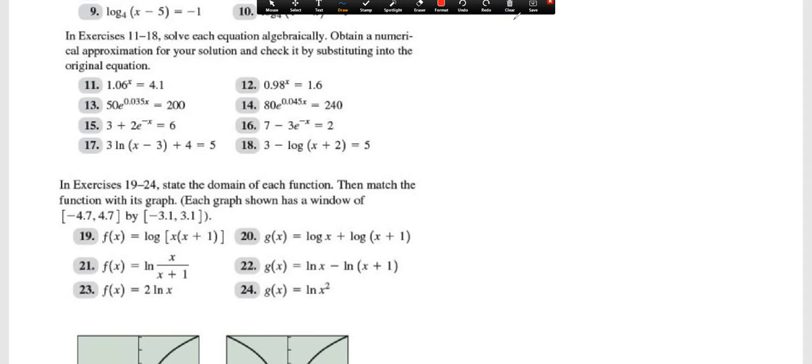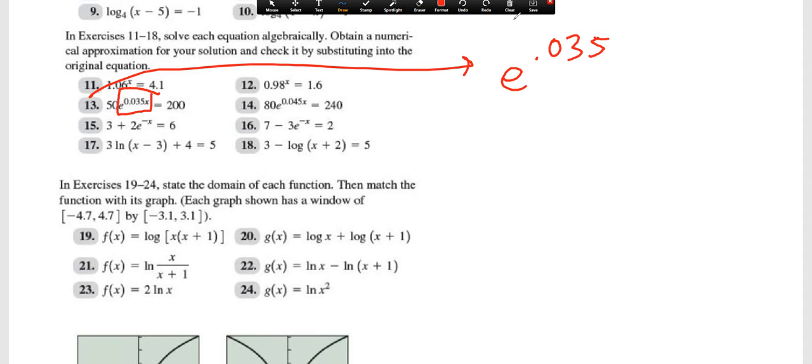Okay, 13. The exponential portion is not isolated. What should I do? Divide by 50. Okay, so e to the 0.035 x. What is 200 divided by 50? 4.